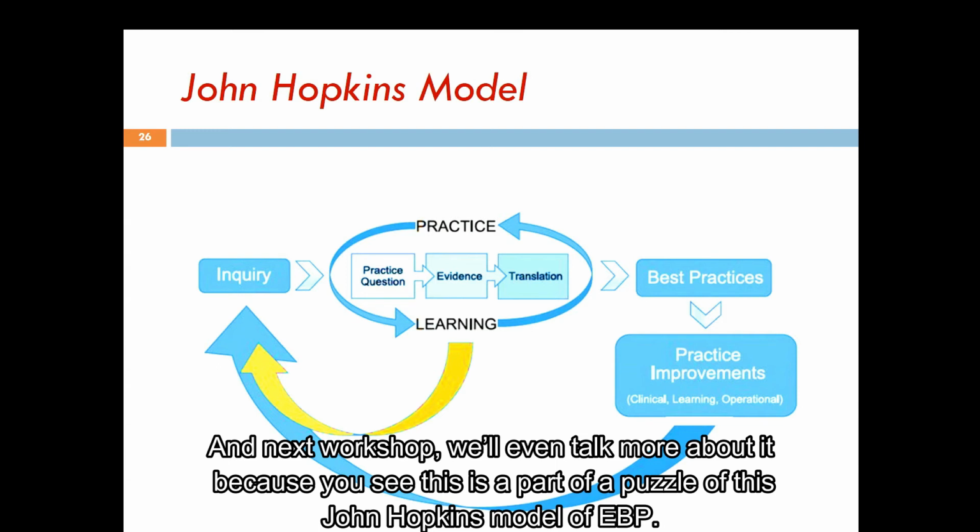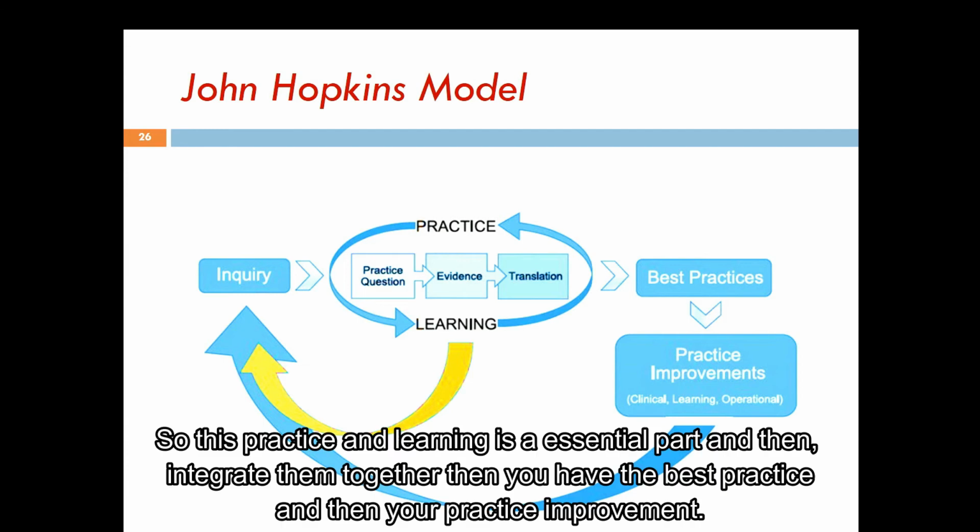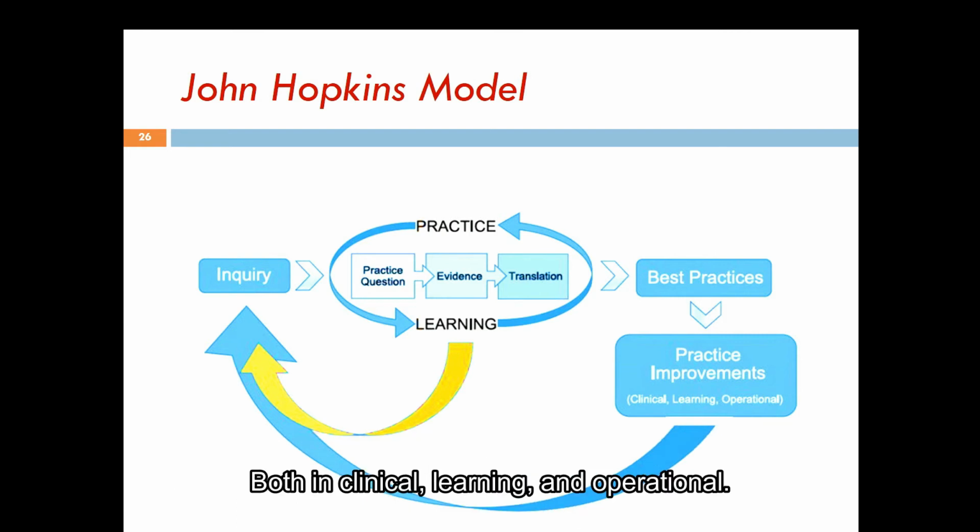Because you see, this is part and parcel of this Johns Hopkins model of EBP. So this practice and learning is an essential part. And then integrate them together, then you have the best practice, and then your practice improvement, both in clinical, learning, and operational.